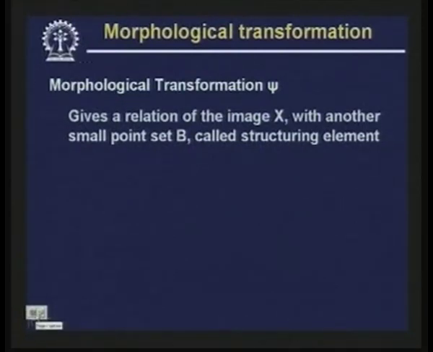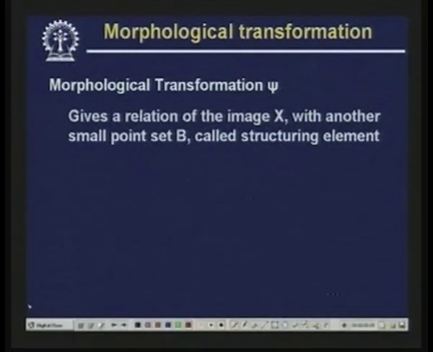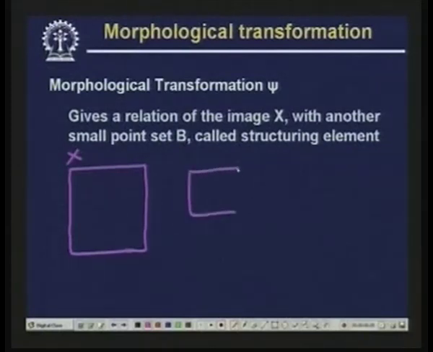So, in this case we have an image capital X and a small structuring element or small image capital B. This morphological transformation describes a relation between this image X and the small point set capital B, which we are calling a structuring element.